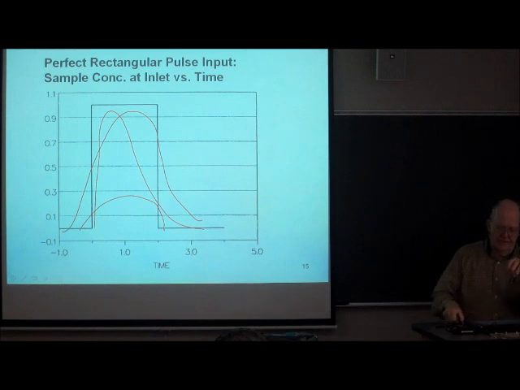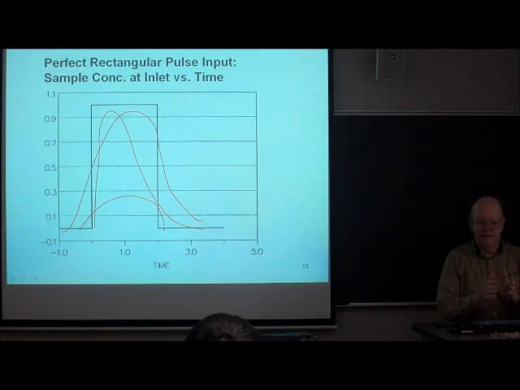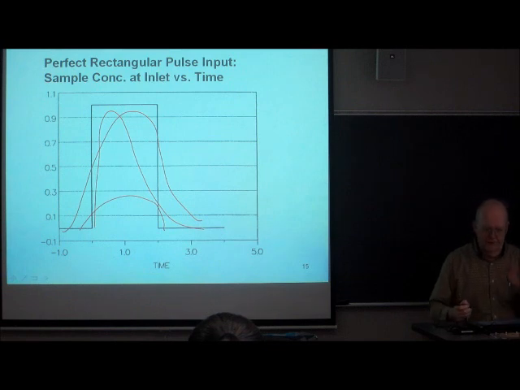Now, what happens then is that this input is loaded into a column, and the column operates on that pulse. And if you want to think of it in the following way, it's a good idea to do it.